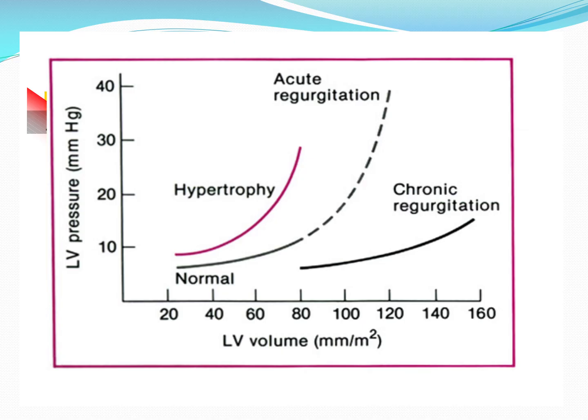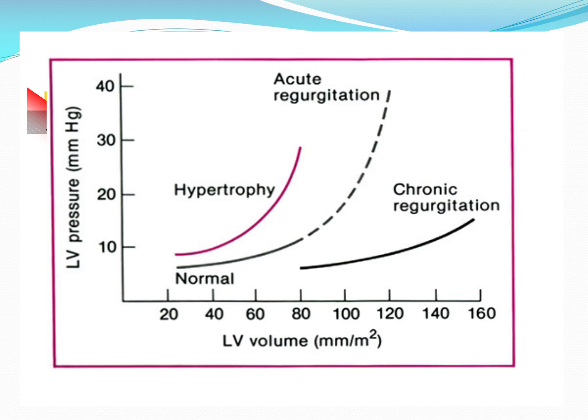You remember this curve from physiology, and we discussed it in this lecture also. So if we look at the middle curve, the normal, we see that the ventricle, let's say, has filled to 80 or 100 cc's, and the left ventricular diastolic pressure is 10 or 12.